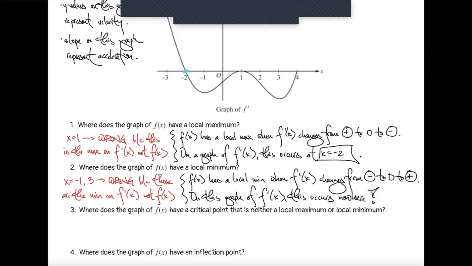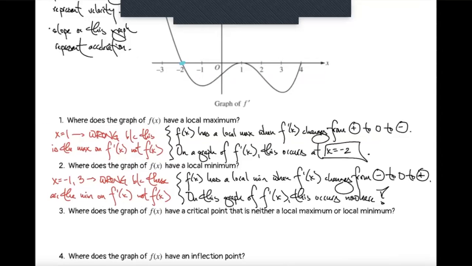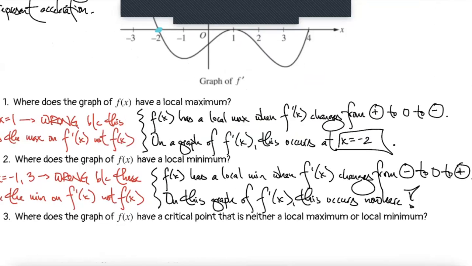Yeah, x equals 1. Okay, x equals 1. It is a local maximum on F prime, but it's not a local maximum on F. Right? We have to be really careful about what we are looking at.